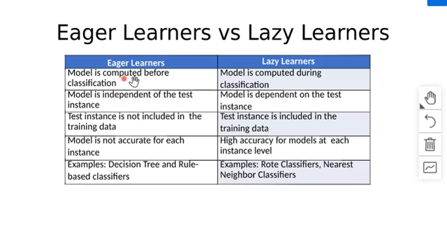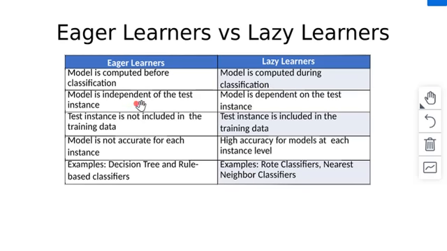So in eager learners, the model is computed before the classification, that means we train the model using the training data set. Whereas in the lazy learner, we give the training data and the test data together, so it does the classification along with the training and test data.